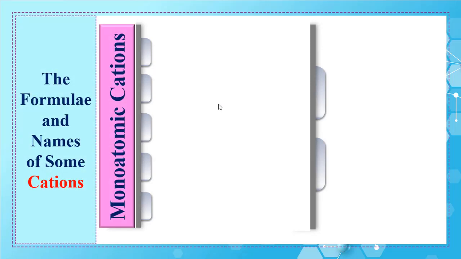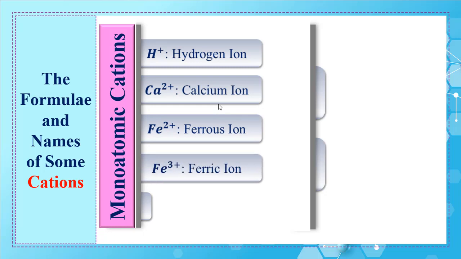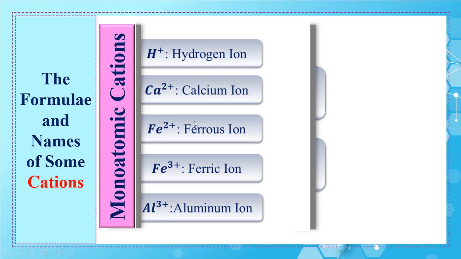Now let's examine the formula and names of some cations. Monoatomic cations include hydrogen ion H+, calcium ion Ca2+, ferrous ion Fe2+, ferric ion Fe3+, and aluminum ion Al3+. These ions are formed from one atom only, that's why they are classified as monoatomic cations.